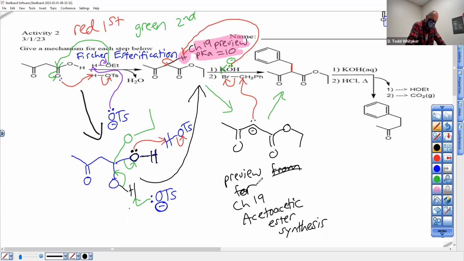And now we're going to do a new reaction mixed in with an old reaction. And I'm going to tell you, when you see this combination, KOH aq, I usually reserve that for what's called saponification.